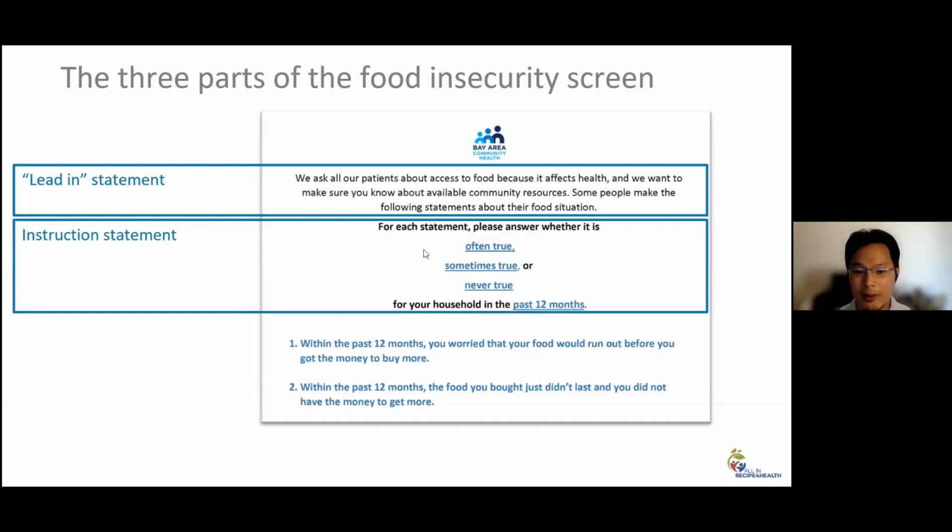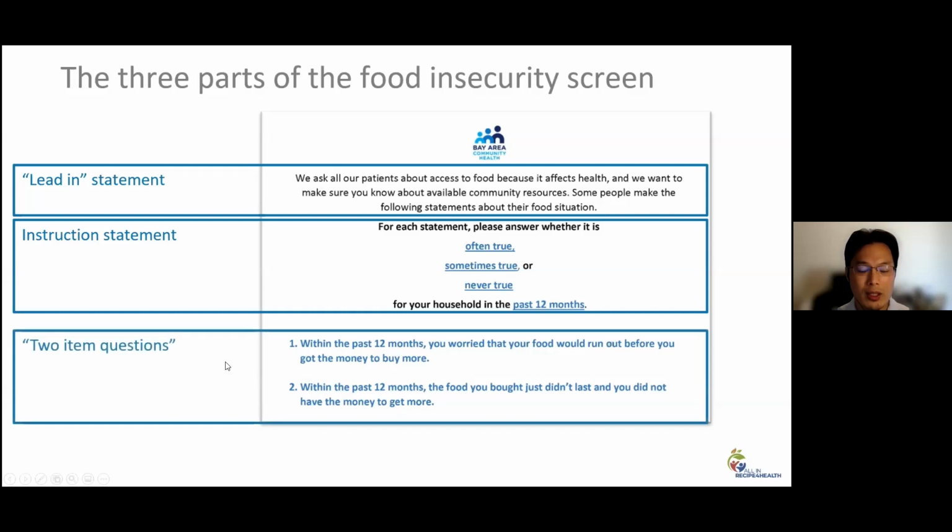Not just last week, 12 months. Then you've got your 2 questions. Within the past 12 months, you worried that your food would run out before you got the money to buy more. Second question, within the past 12 months, the food you bought just didn't last and you did not have the money to get more.